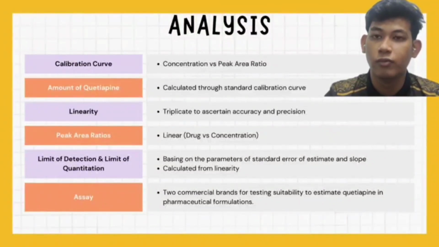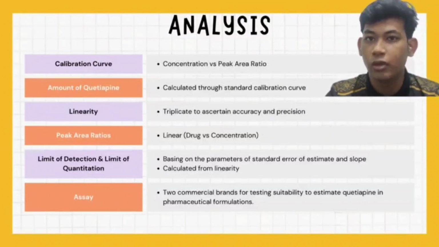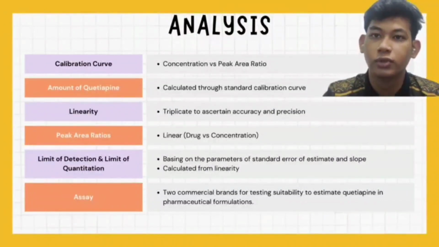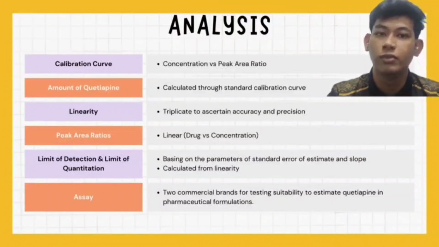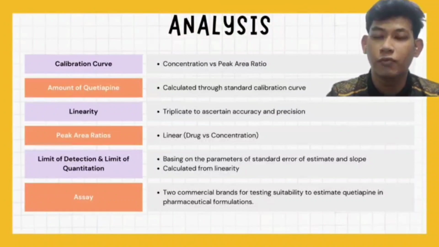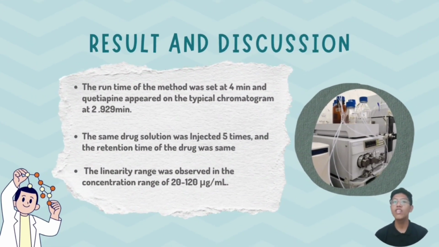This is calculated from the linearity of the response data of quetiapine. Two commercial brands of tablets were chosen for testing the suitability of the proposed method to estimate quetiapine in pharmaceutical formulation. Next, we go to the results and discussion.